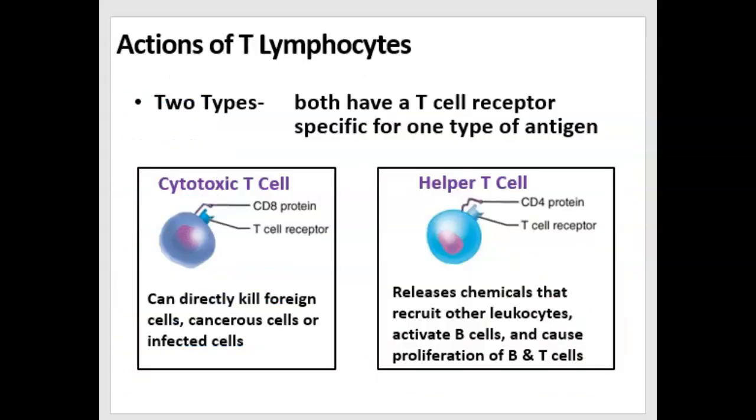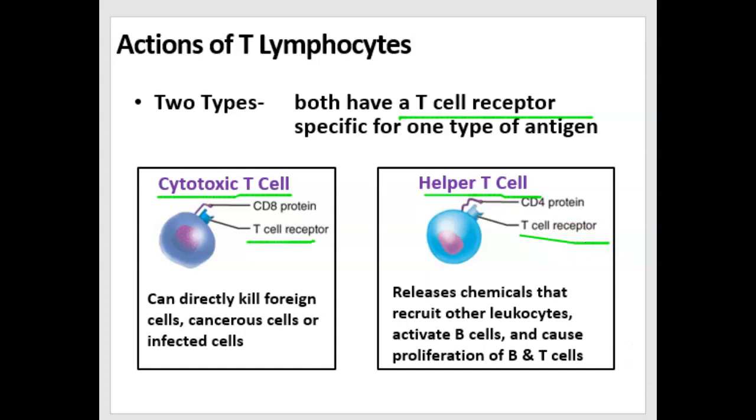Okay, so that takes care of macrophages and dendritic cells. Now we're going to look at lymphocytes. And let's look at the first two types of lymphocytes first. The cytotoxic T cell and the helper T cell. Both types contain a receptor called a T cell receptor, which is this funny kind of rectangle on the outside of the cell.